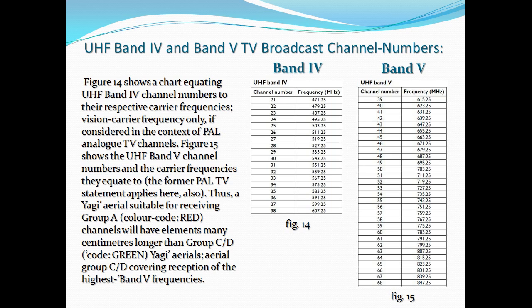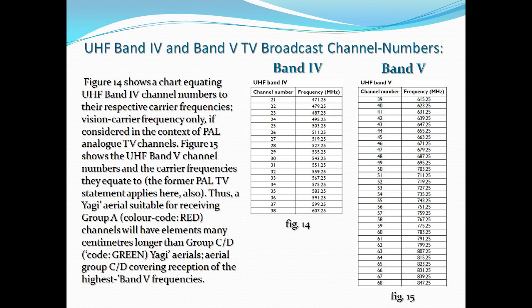The associated analog monophonic channels are 6 MHz above the stated channel number vision carrier frequencies as listed in the right-hand column of figure 14 and 15. In the case of the NICAM 728 digital subcarrier signal, that's 6.552 MHz above the stated vision carrier for any given channel number on UHF band 4 or 5.